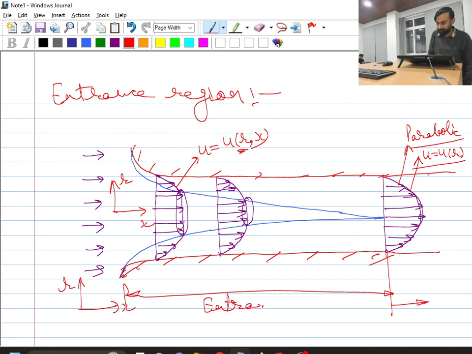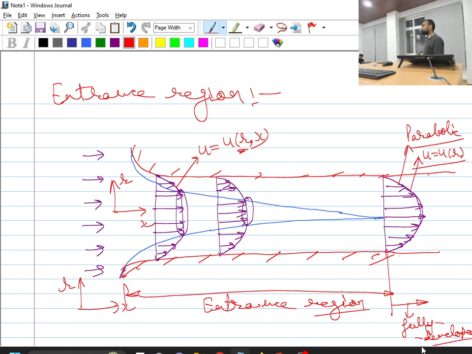Okay, and away from this region where my velocity field is only a function of the radial direction, that is my fully developed condition. Is this point clear? Okay, so this region is called the entrance region, or because over here we are not talking about heat transfer, only about the fluid flow, this region can also be called the hydrodynamic entrance region.